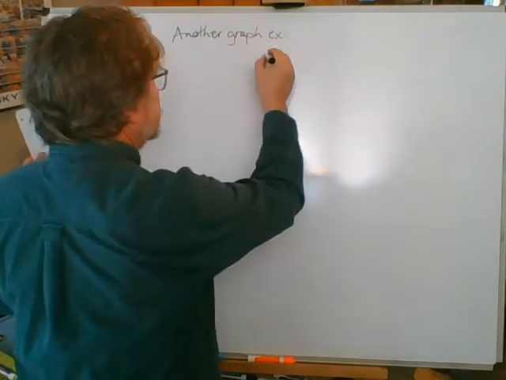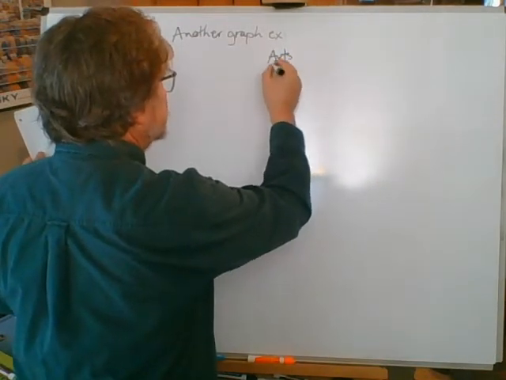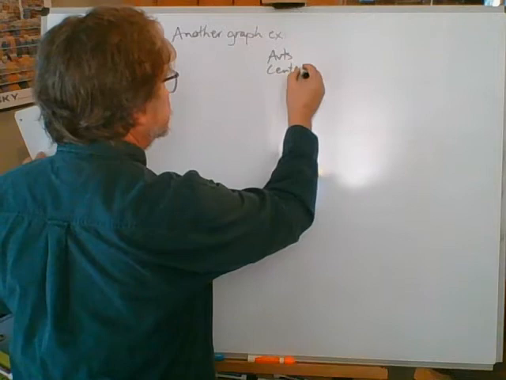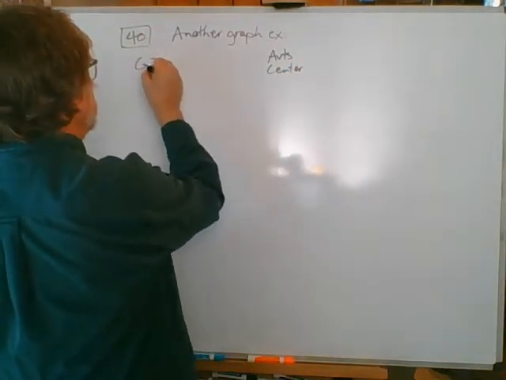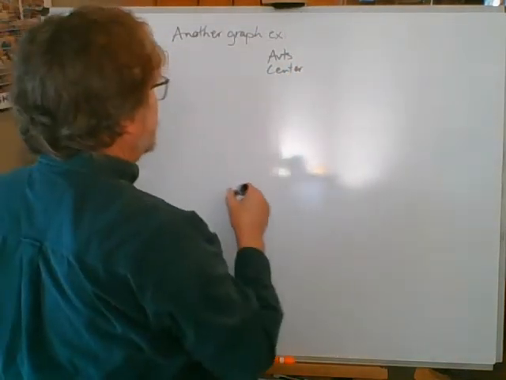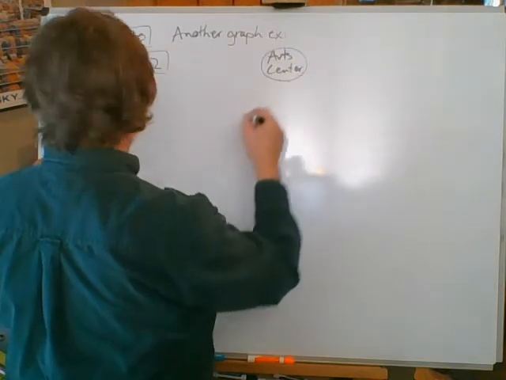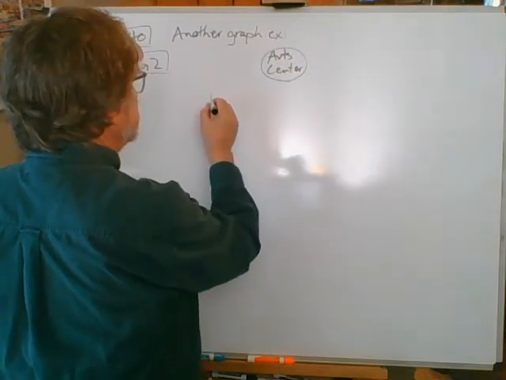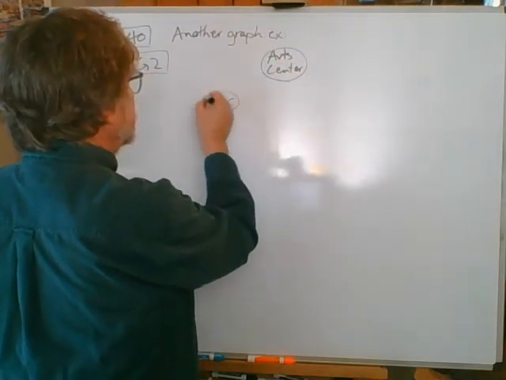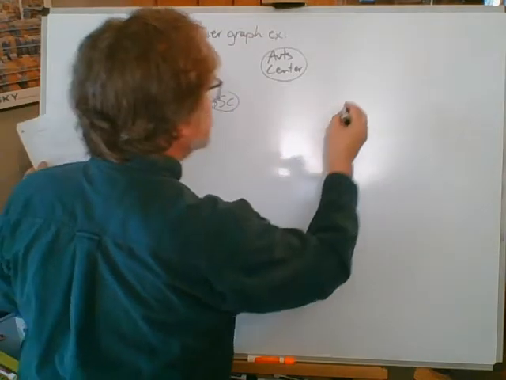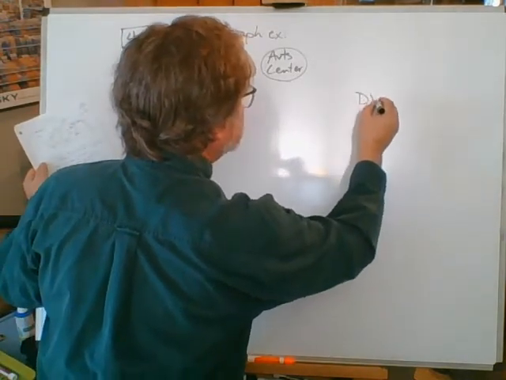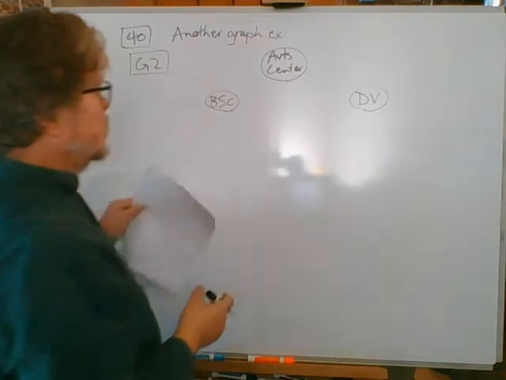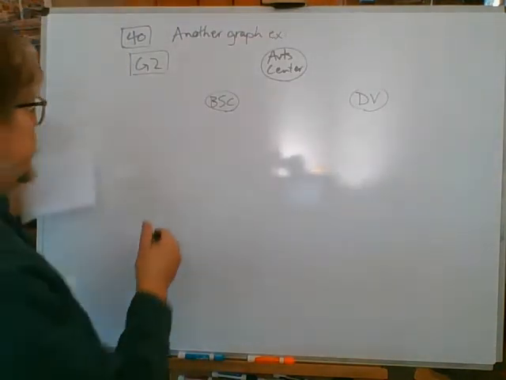At the top, I'm going to put the Arts Center. Oh, this is graph G2, by the way. But you already had that, didn't you? Arts Center, and there's BSC. And here's Dalton Voigt. I'm going to abbreviate DV. Dalton Voigt Hall. And down here is Cowgill.